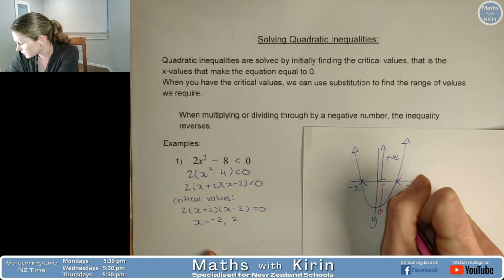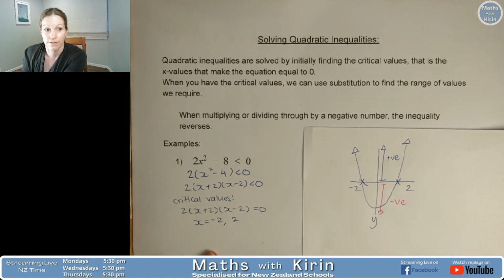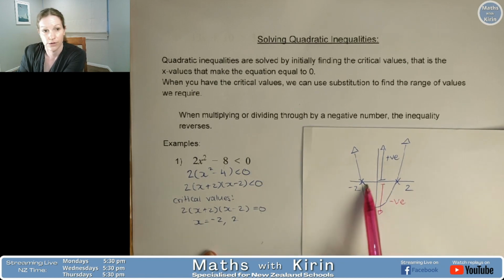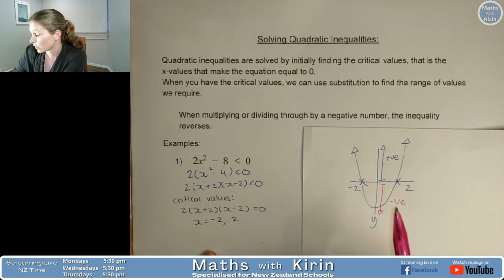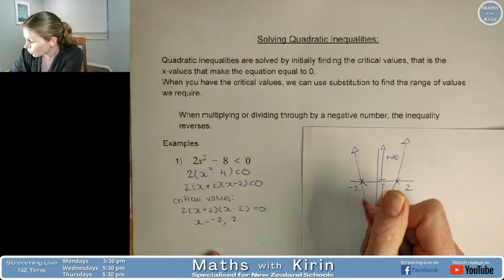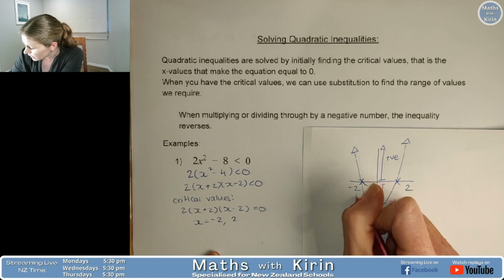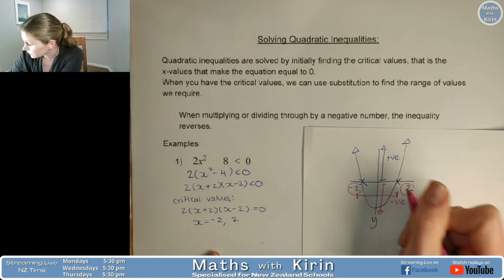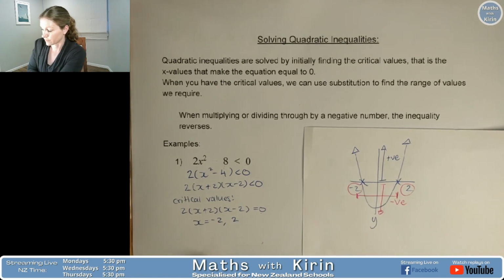All of these values down here are our negative y values. Because we want less than 0, we're interested in this area of the graph. So we get negative y values, or values less than 0, when x is between negative 2 and positive 2. These two values here, negative 2 and positive 2.